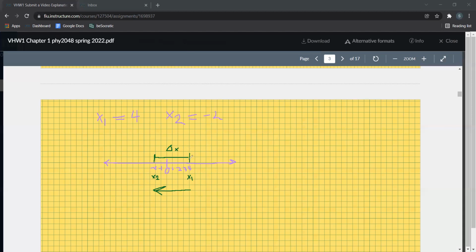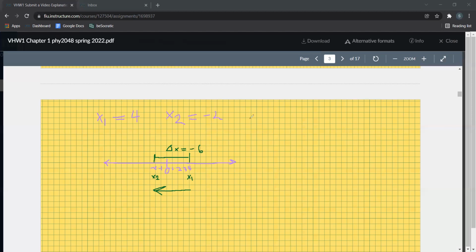Now I can count it out. 1, 2, 3, 4, 5, 6. So my change in x is in fact like the absolute value of 6. However, we know that it is going left, right? So even though I'm moving 6 units, my number isn't 6. It's -6 because I'm going backwards. My number is decreasing. So I am moving -6.